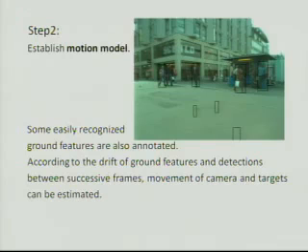Step 2 is to establish a motion model, because the frame can only reflect a 2-dimensional world, and in reality, the world is 3-dimensional. So we need to restore the world and establish a motion model. What we are doing is extracting some ground features. The ground features are those easily recognized features on the ground.